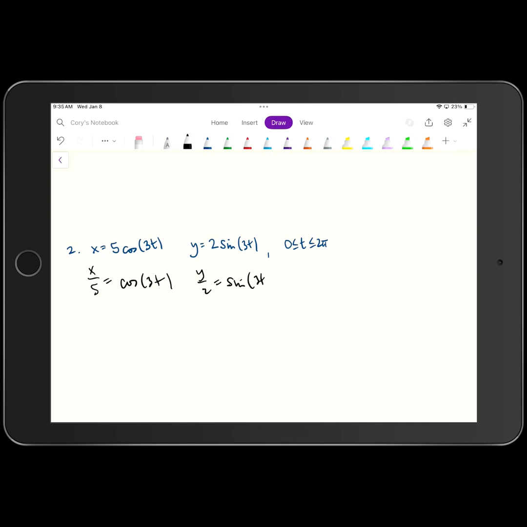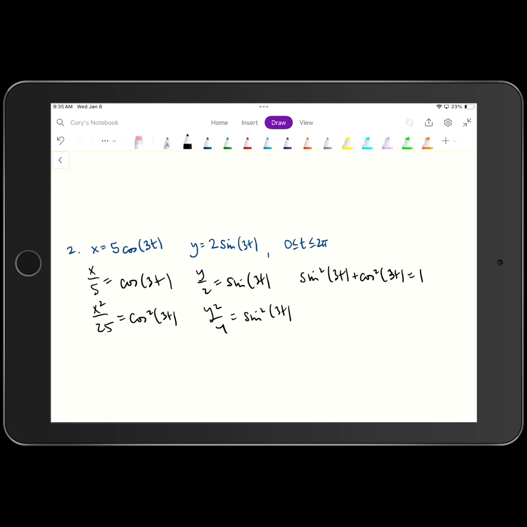And then once again, we have the Pythagorean identity: the sine squared of something plus the cosine squared of that same something is going to be equal to 1. So when I square both sides of these equations, we get x squared over 25 equal to the cosine squared of 3t, and y squared over 4 is equal to the sine squared of 3t.